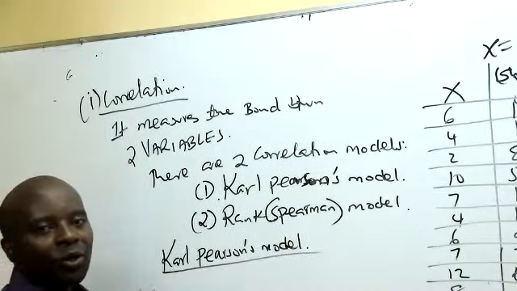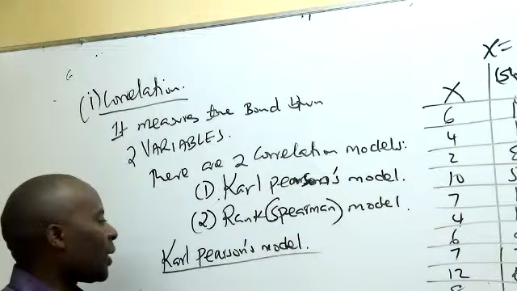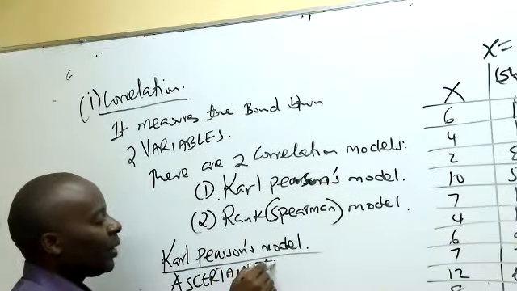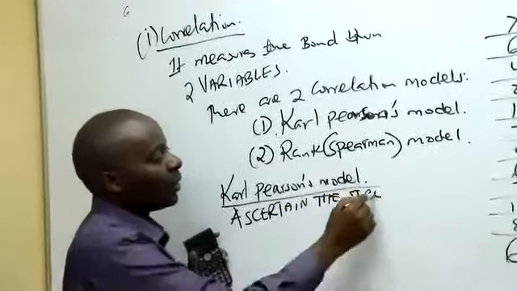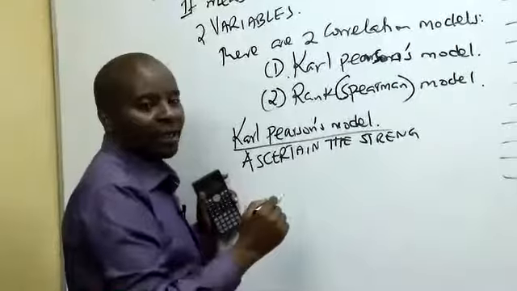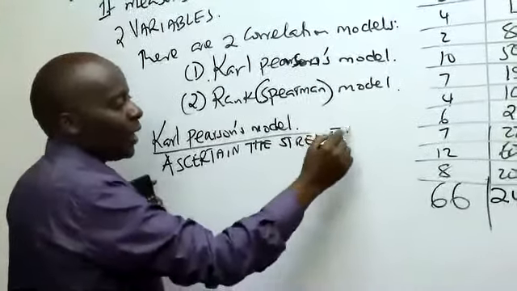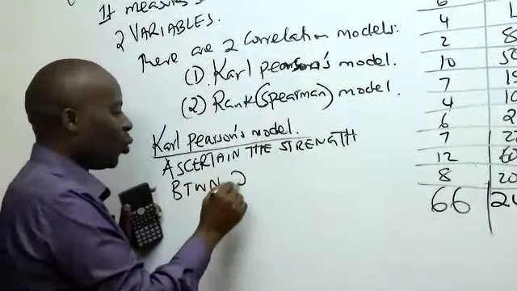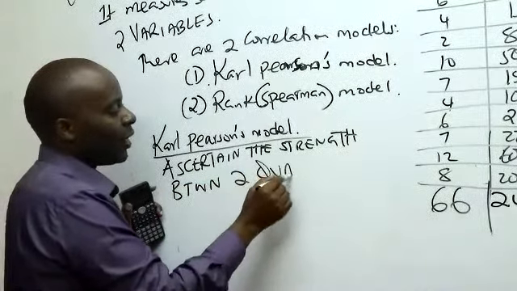Karl Pearson's model is used to ascertain the strength between two quantitative variables.